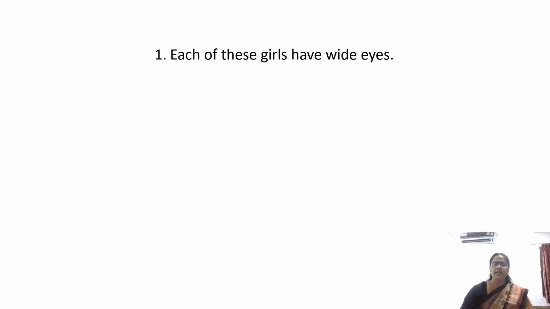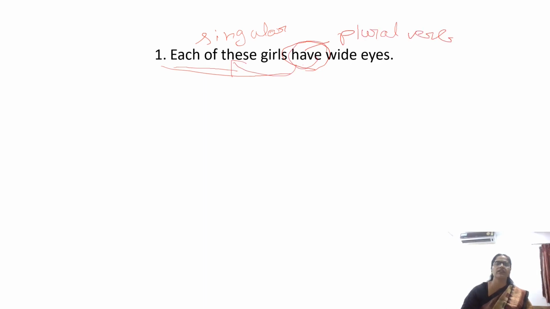Each of these girls have wide eyes. Each of these girls is our subject. Have is our verb. Now each of these girls is a singular subject, whereas have is a plural verb. Singular subject and plural verb are not agreeing with each other.